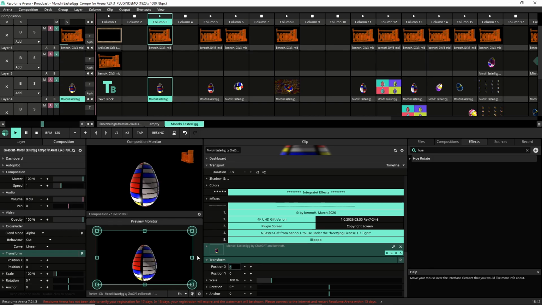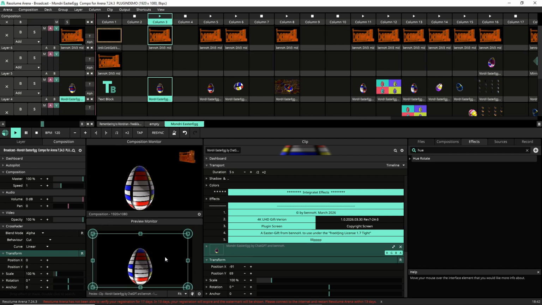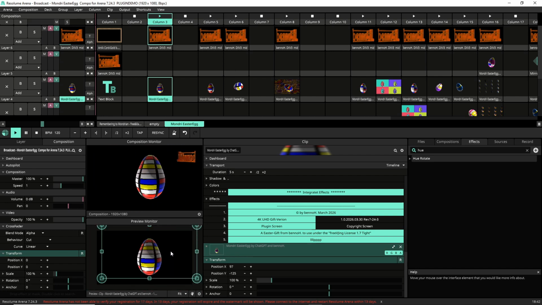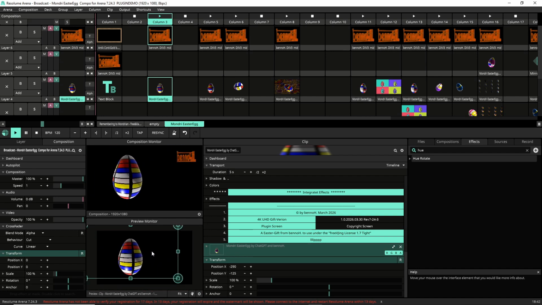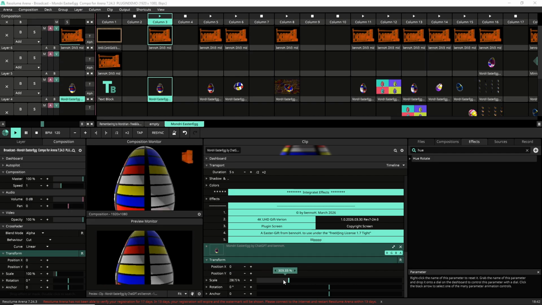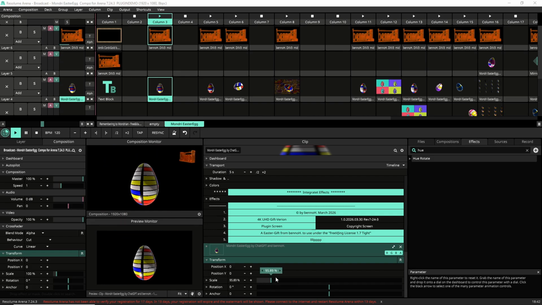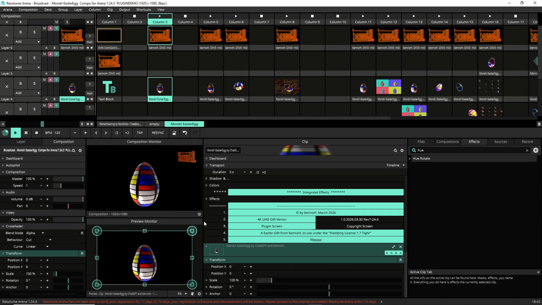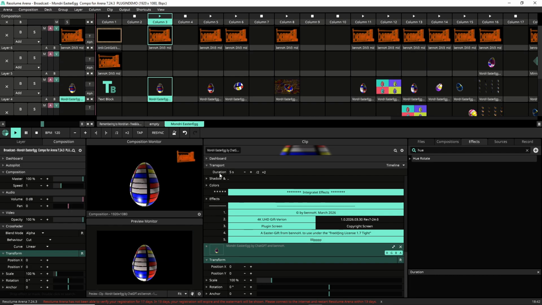Today in new Resolumes it is not so bad because you can shift it by mouse here, but this is really not comfortable that they don't have faders integrated here. Yeah, I don't understand why they don't do that, really not.